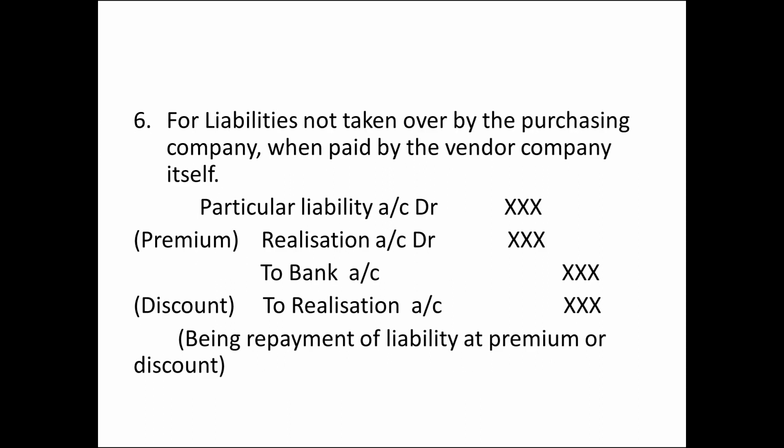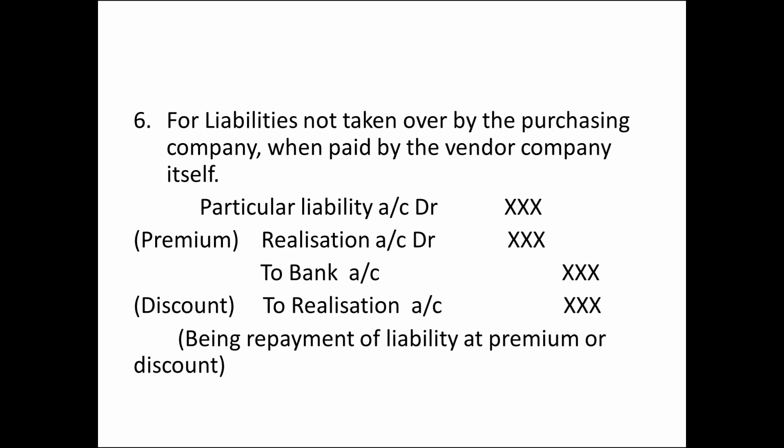And entry number 6 is this: like the assets, liabilities may also not be taken over by the purchasing company, right? In that case, the vendor company has to pay that liability by itself. For example, there is a creditor on your liability side who has to be paid 2 lakh. That 2 lakh will be paid by the selling company itself.